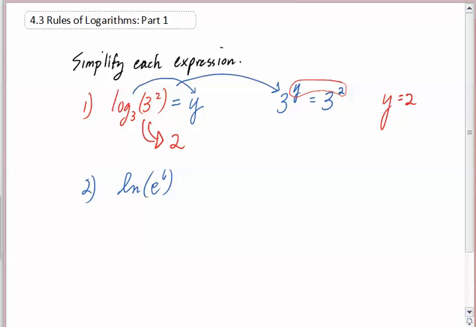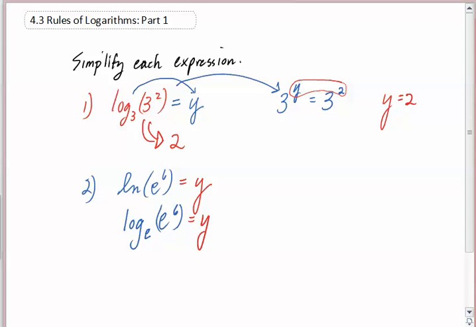We have a natural log of e to the 6th. So now I'm going to go ahead and let that equal a variable, let's just say y. And just to recap a little bit, we know that this really is a log with a base e. If I really wanted to rewrite that, this is what it would look like.